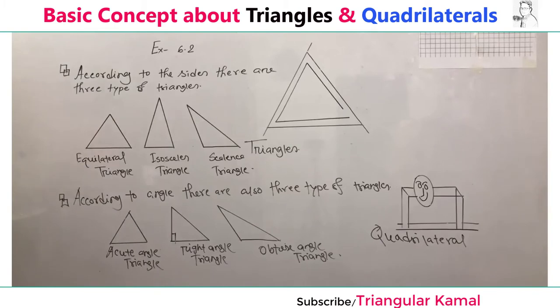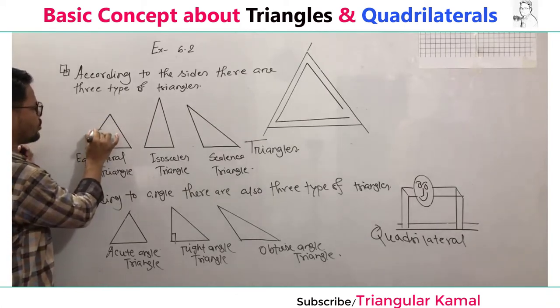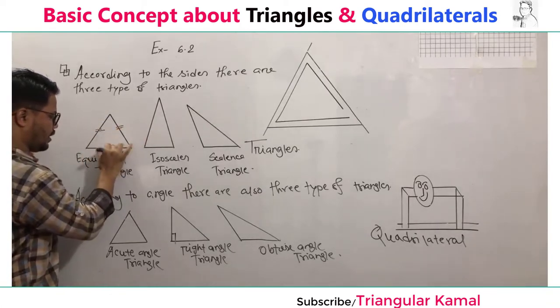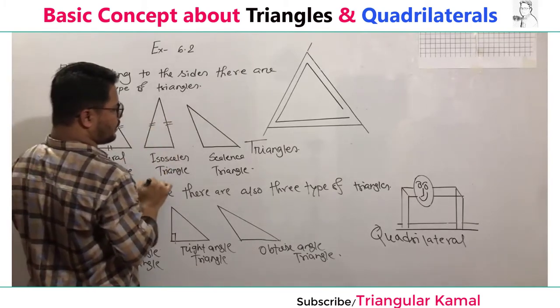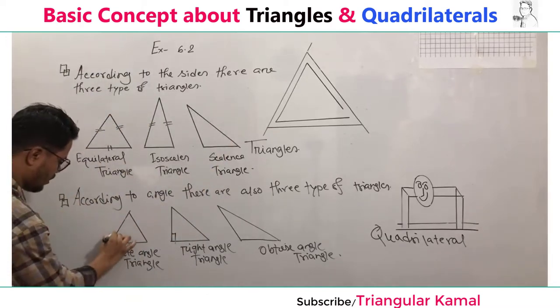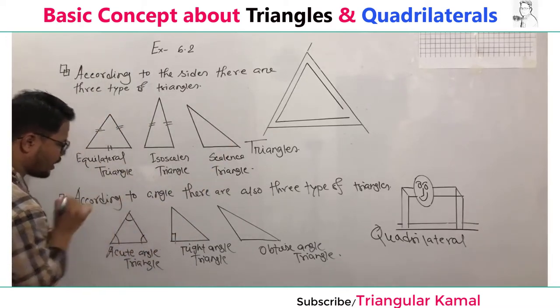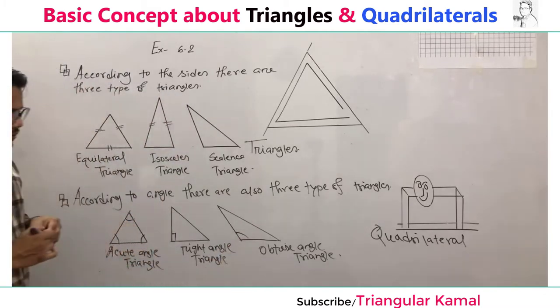Yes. So this is the basic discussion. You have to know what is the difference in between them. In the equilateral triangle, isosceles triangle and scalene triangle, no equal side. All angles will be acute and one angle will be obtuse.